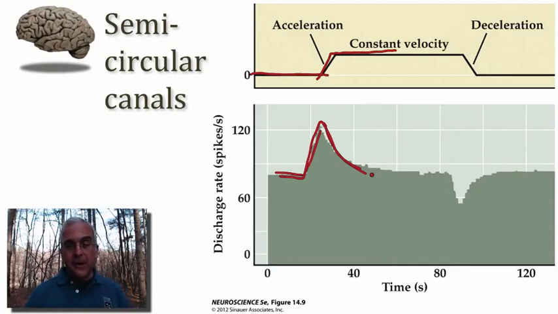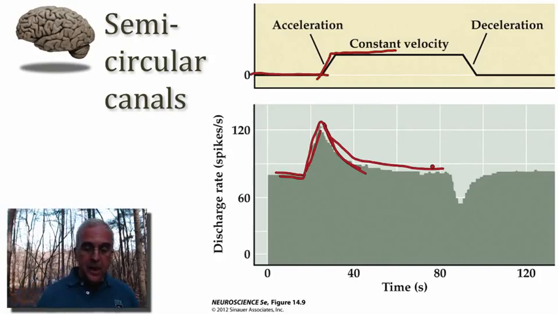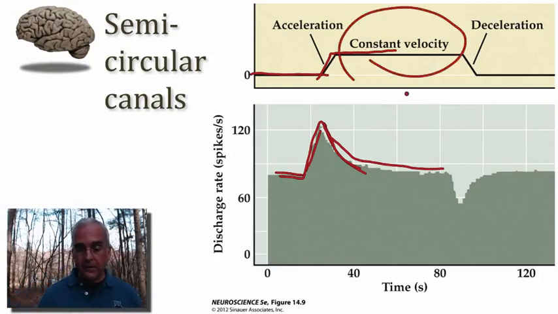But as I was maintaining that rotation, essentially the movement of the endolymph caught up with the movement of the fixed structures, and so the deflection of the cupula now relaxed back down to its neutral position. And so the velocity of rotation was maintained, but the deflection of the hair cells relaxed after several seconds of rotation.